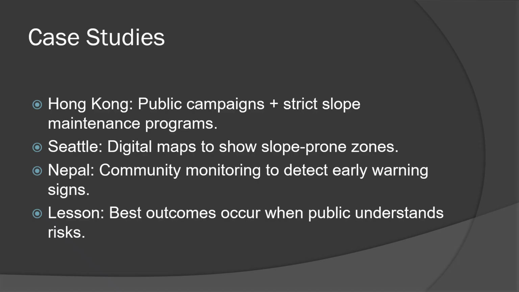And in Seattle, they use digital maps so homeowners can actually look up if they live in a slide-prone zone. And in Nepal, they use community monitoring where locals are trained to spot cracks or early warning signs themselves. So the big takeaway here: the places with the best safety records are the ones with the public understanding the risk.